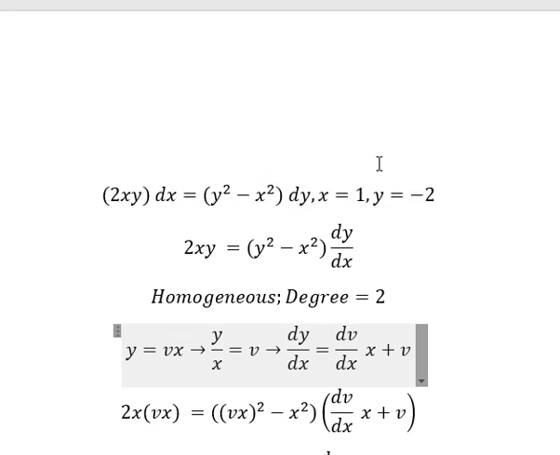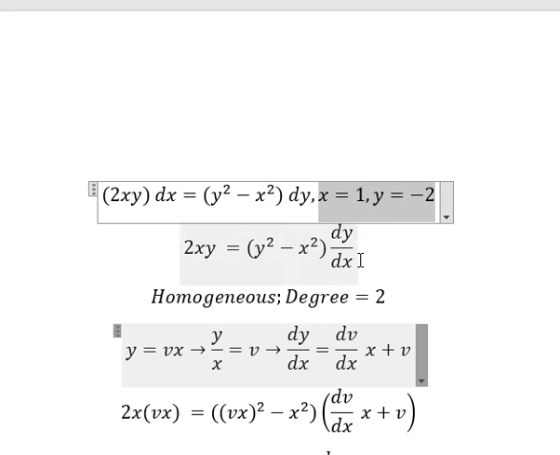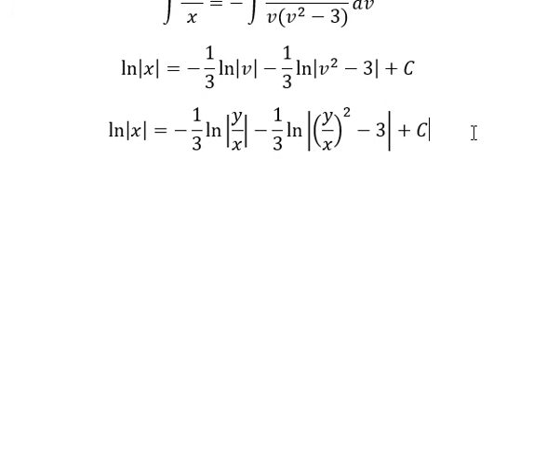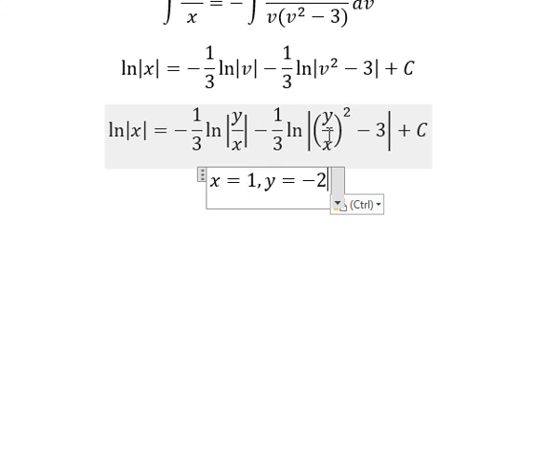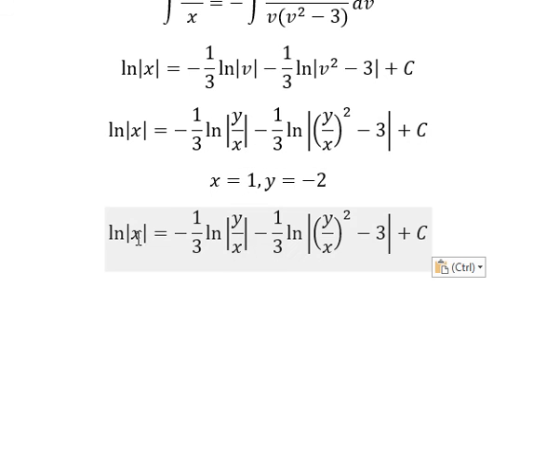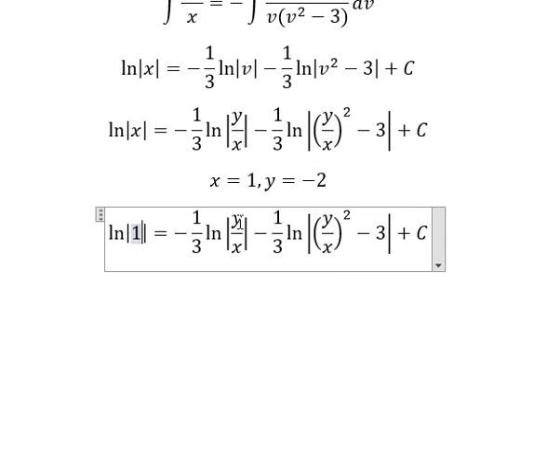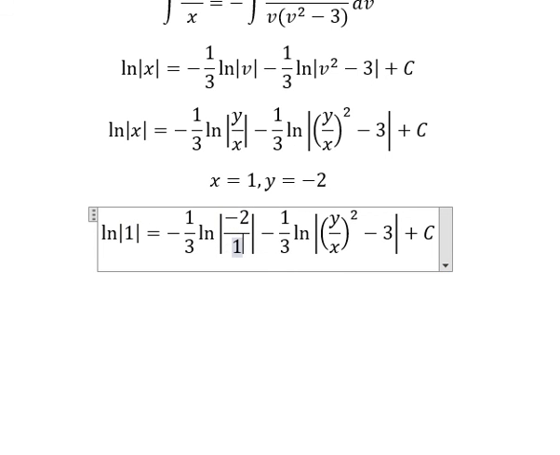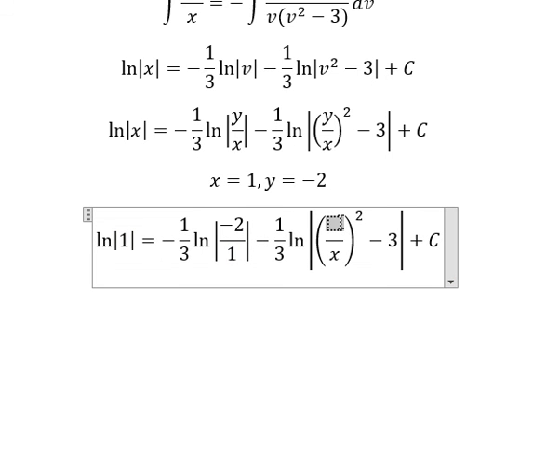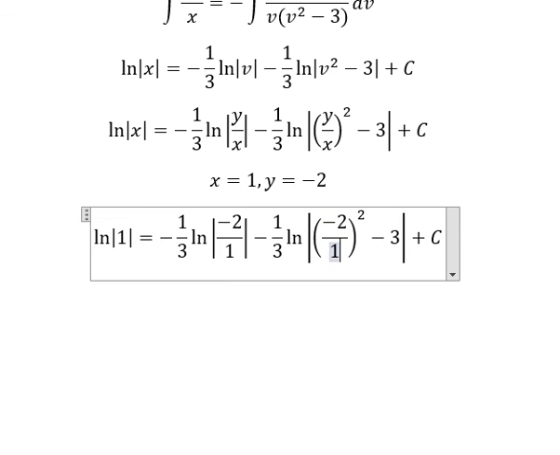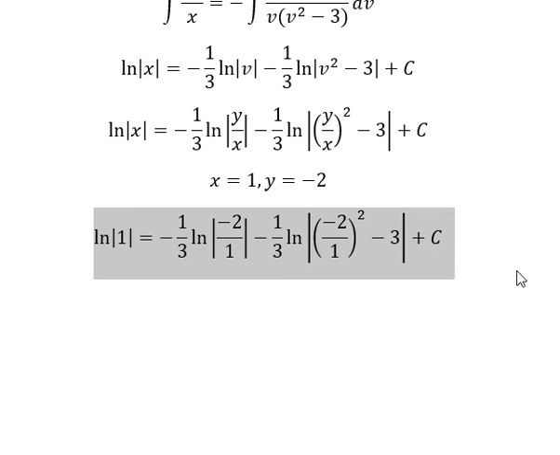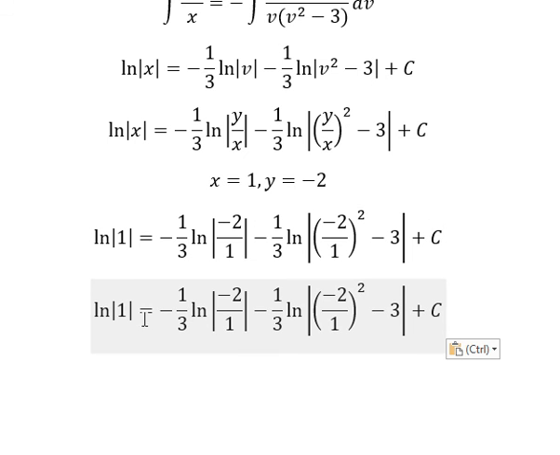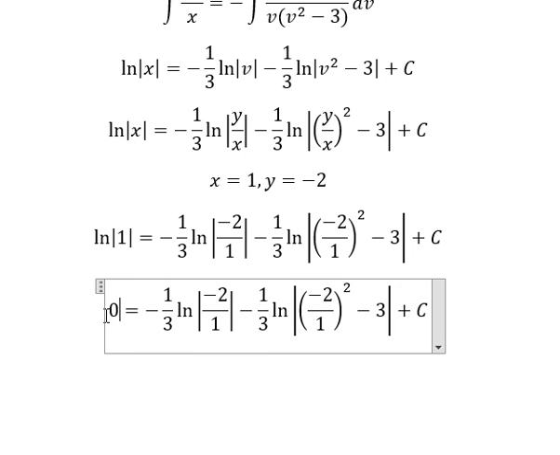And now we have the conditions. So I will put 1 and negative 2 in here to find the value of C. This is 0.